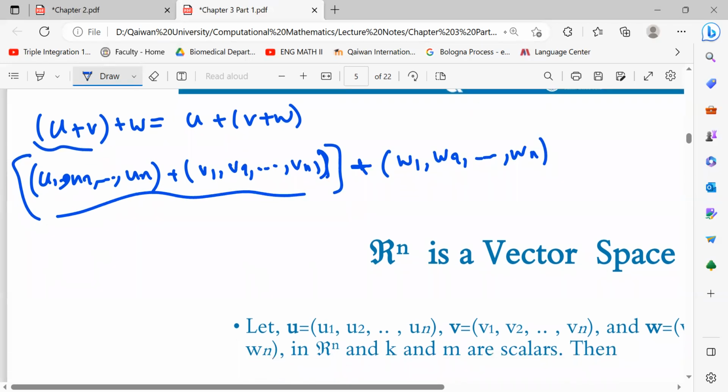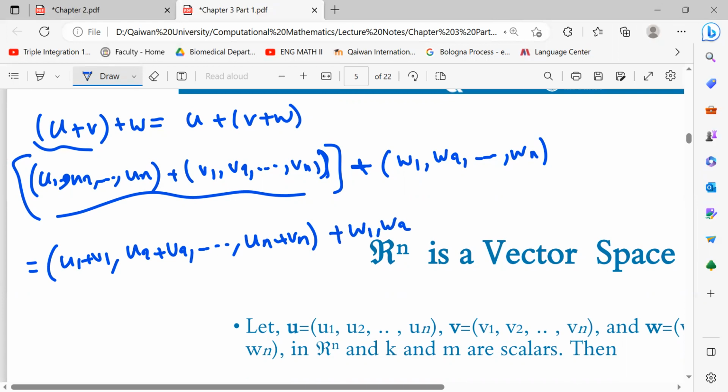Now, this equals what? This equals u1 plus v1, u2 plus v2 up to un plus vn, then plus w1, w2 up to wn.